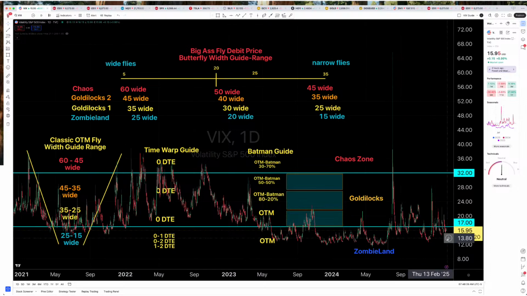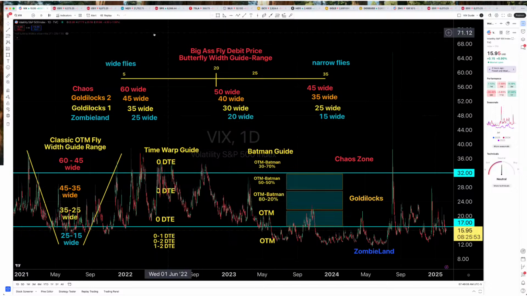We can see, just like yesterday, we're below the 17 level, which means we're in zombie land. I feel like we're going to be here for a long time. Whenever you spend more than a day, it feels like a long time in zombie land. If we come over here to the left, you'll see that we're choosing between 15 and 25 wide. It's going to be very much like yesterday, I believe.